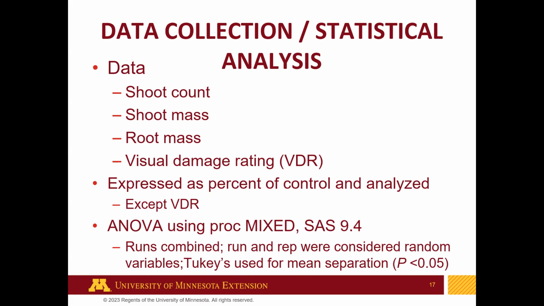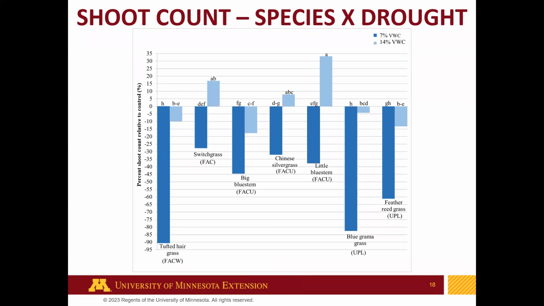We used an analysis of variance using the mixed procedure in SAS. We combined all 3 of our runs, and we considered run and rep as random variables, and we used Tukey's for mean separation.